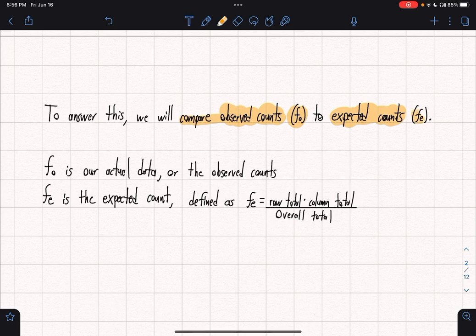And we're going to call that FE. So F for frequency, E for expected. So in other words, FO, or our observed frequency, is our actual data, or the observed counts.